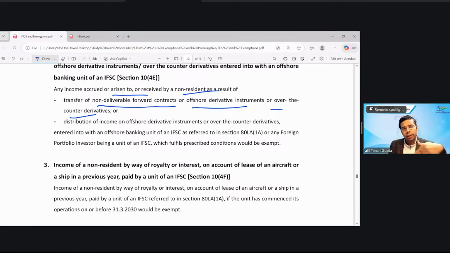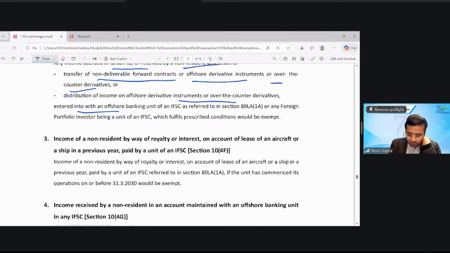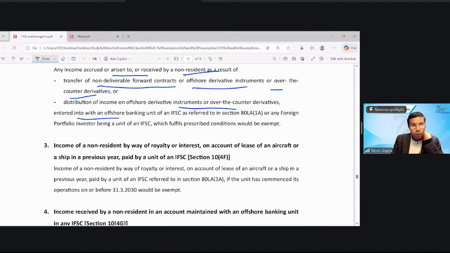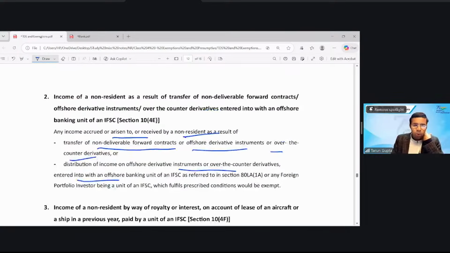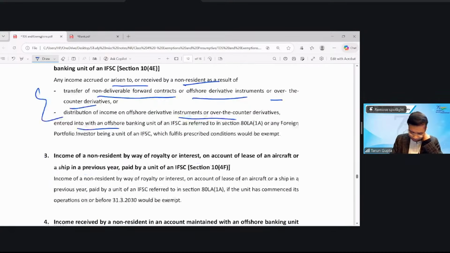It's between two parties, privately placed, over-the-counter, OTC. Or distribution of income on offshore derivative instrument or over-the-counter derivative entered into with an offshore banking unit of an IFSC or any foreign portfolio investor being a unit of IFSC which fulfills the prescribed conditions would be exempt. So any income of this offshore banking unit or FPI from these transactions is exempt if they are located in IFSC.